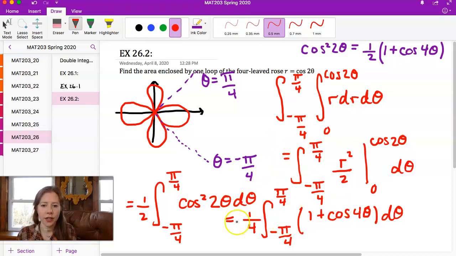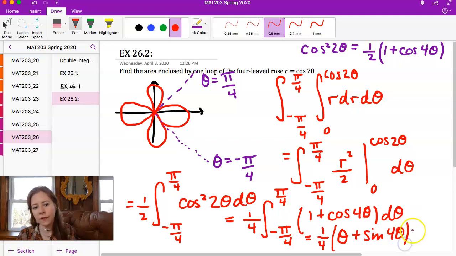So you'll also see that on the trig sheet I have posted. And so let's integrate. This is going to be equal to 1/4, and then the integral of 1 d theta is just theta, and cosine 4 theta becomes sine 4 theta over 4, evaluated from minus pi over 4 to pi over 4.